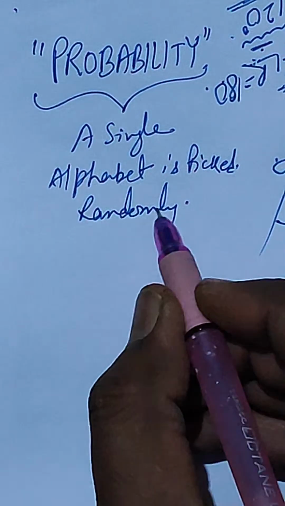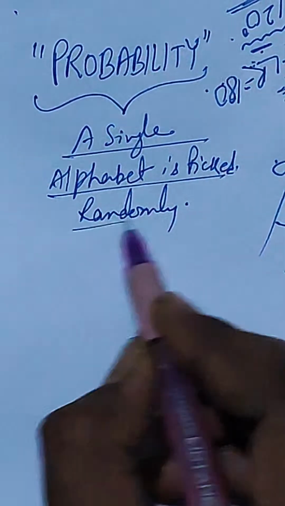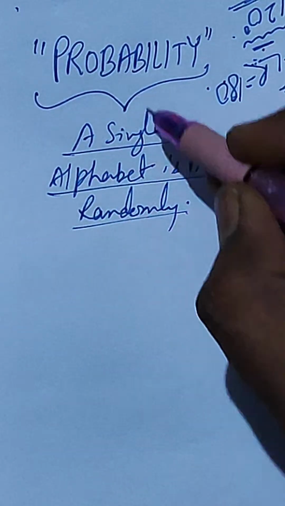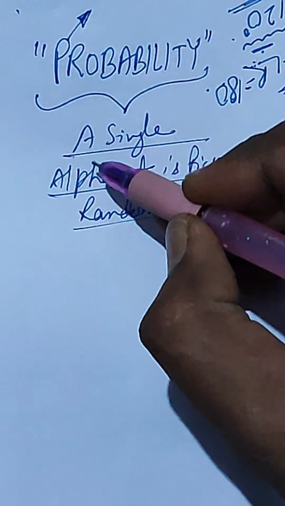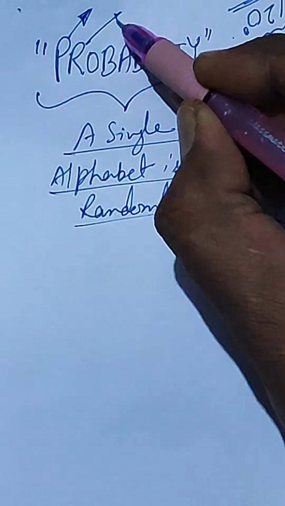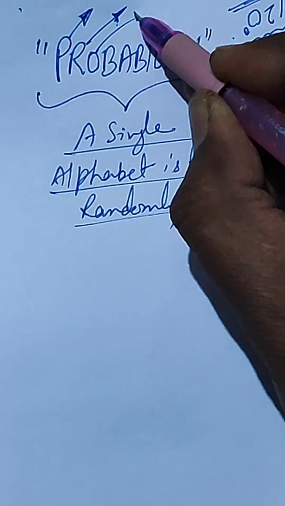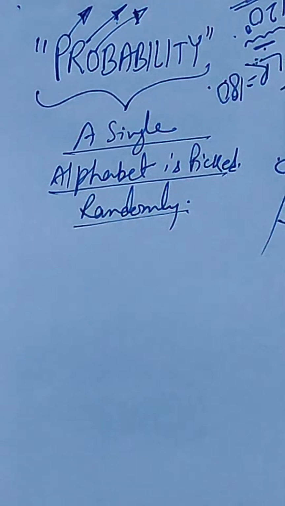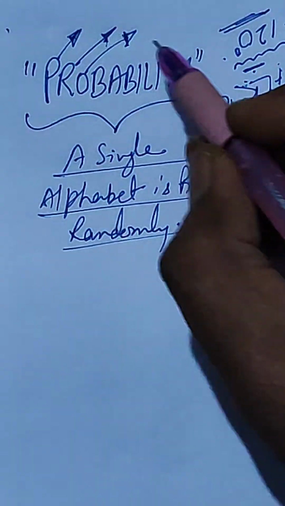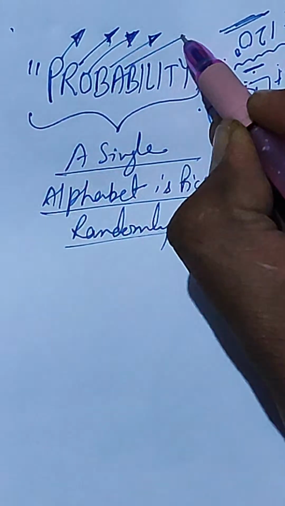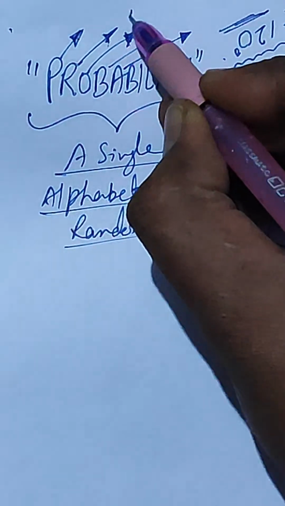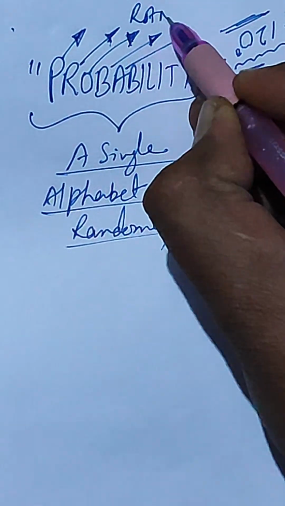So the probability of getting a vowel when a single alphabet is picked randomly, so it can be any alphabet when picked randomly. It can be P, it can be R, it can be O, it can be B, it can be A, because these are showing you a random pick.